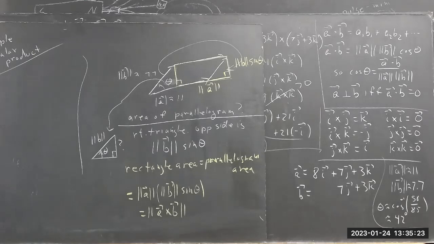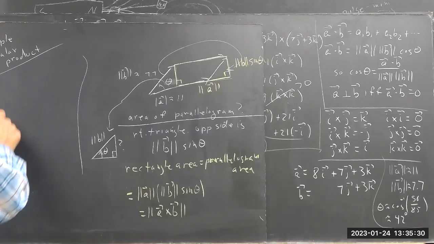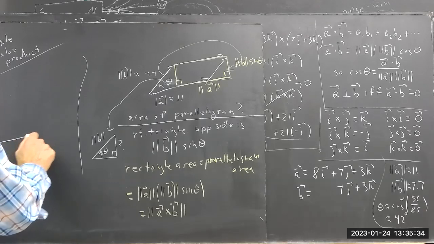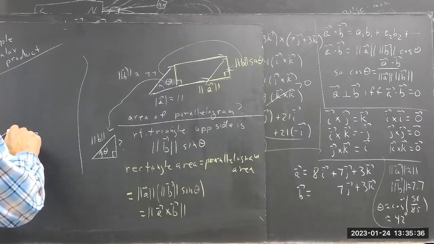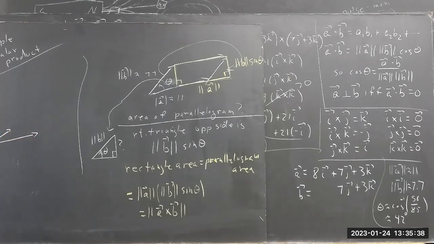Okay. Triple scalar product. So here we've got A and B. And here I'm going to draw another vector that isn't quite the vector that I was talking about.